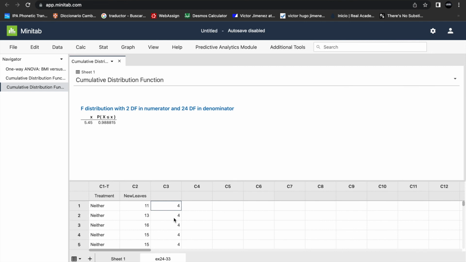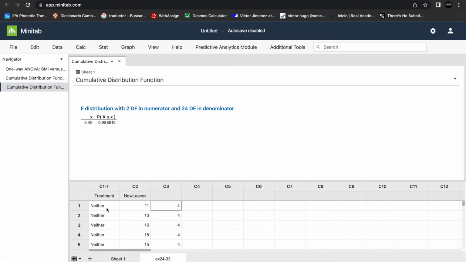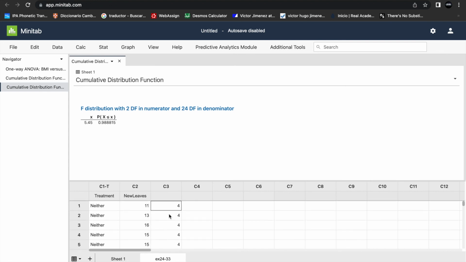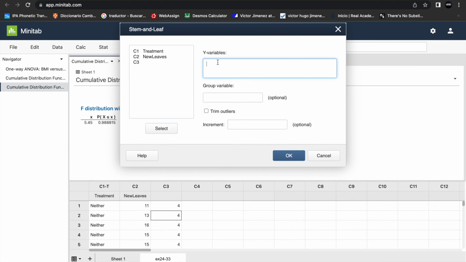notice in column 3, we're going to have for each outcome of neither, phosphorus, both, or nitrogen, 1, 2, 3, or 4. Now, once you have this, go to Graph, Stem-and-Leaf Plot. The Y variable is going to be new leaves.